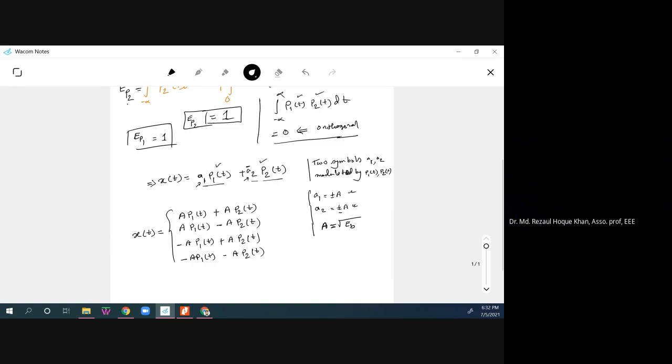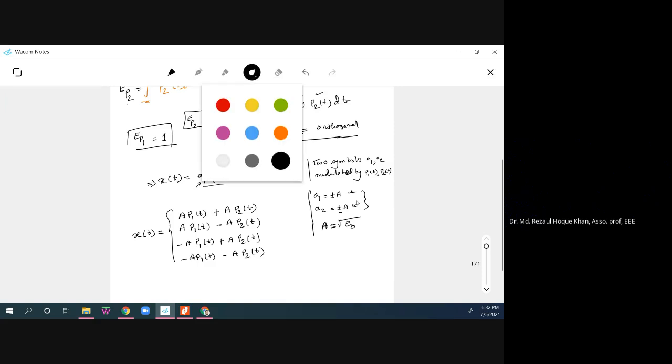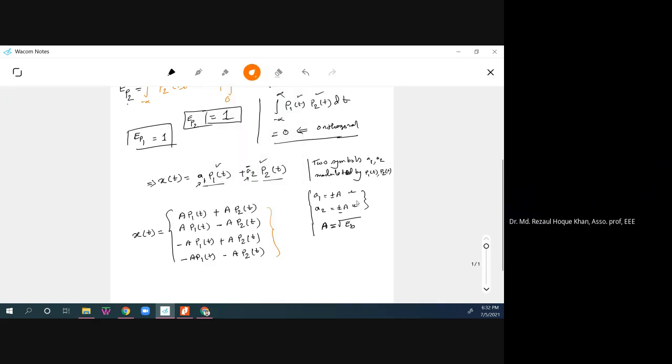You see, this combination gives us 4 sets of possibilities, so x(t) can have 4 possible signals.